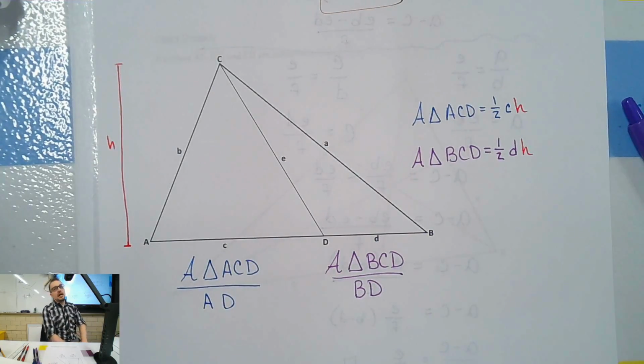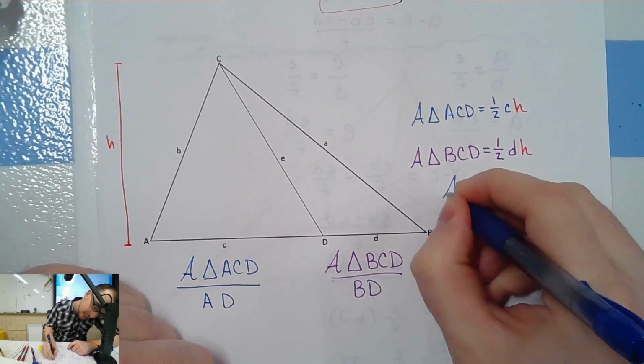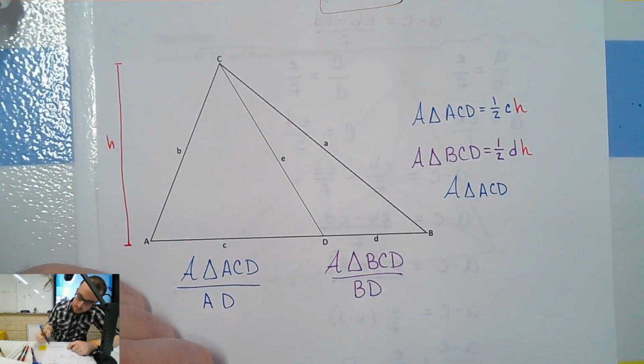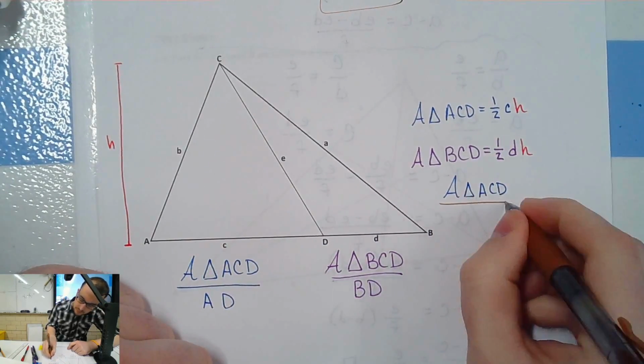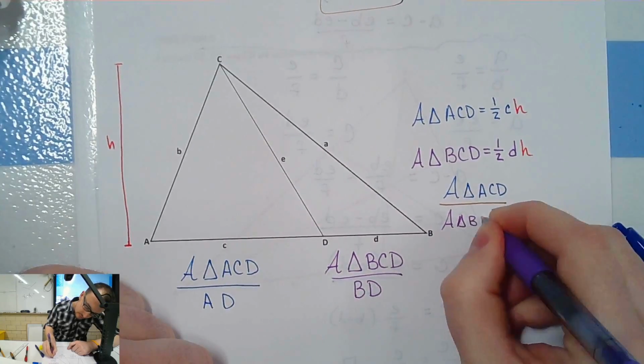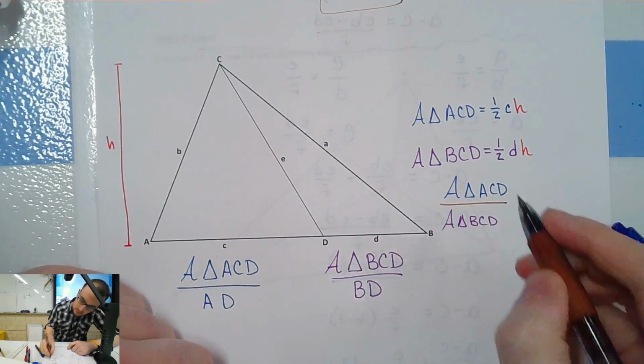So they have the same height. Interesting. Check it out. If I take the area of this triangle, ACD, and I divide it, and I relate it to the area of this triangle, what's that going to equal?